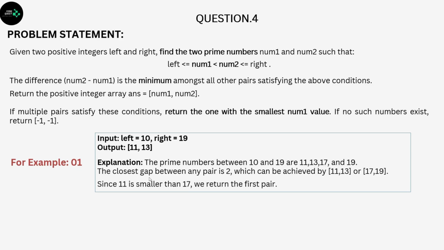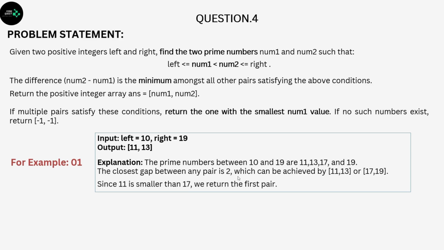Now if I find the closest gap between any pair, let's say I find the gap between 11 and 13, so I'll get 13 minus 11, which is 2. If I find the gap between 13 and 17, I'll find 17 minus 13, that is 4. And between 17 and 19, that is 19 minus 17, is going to be 2.